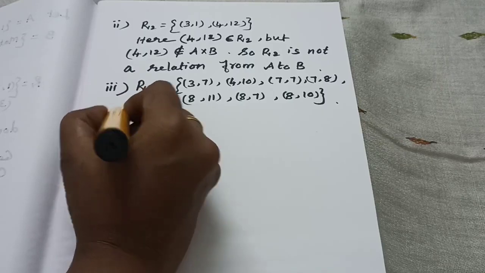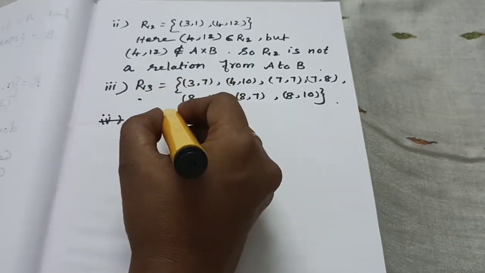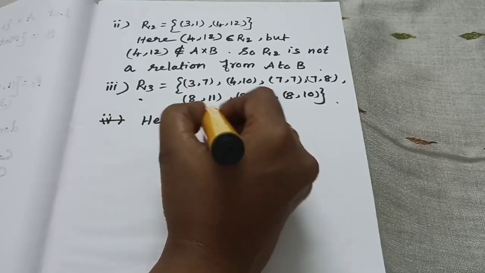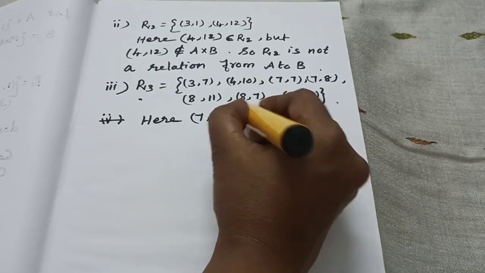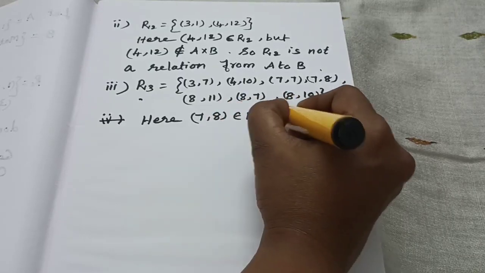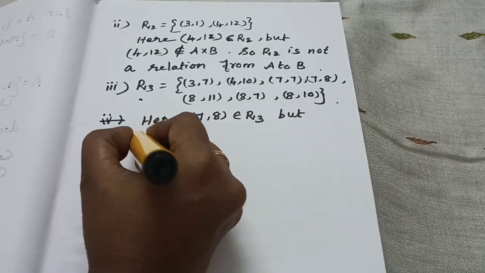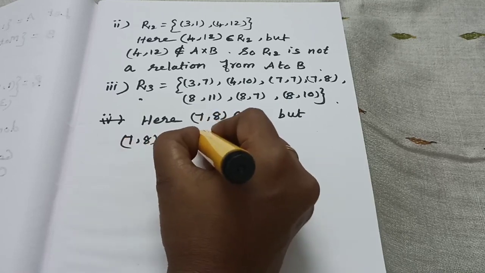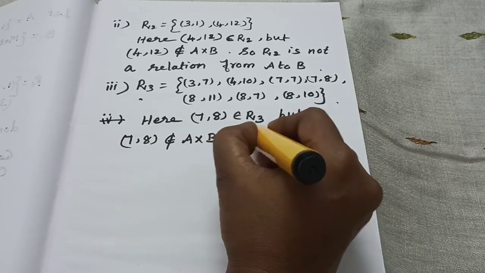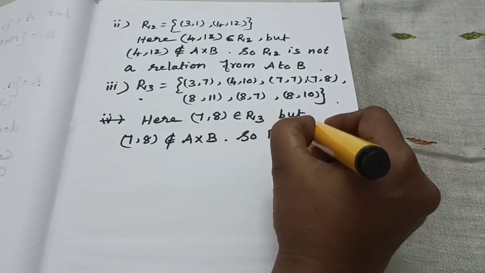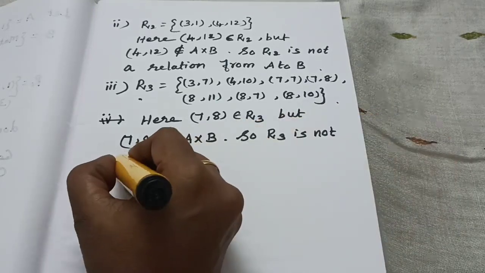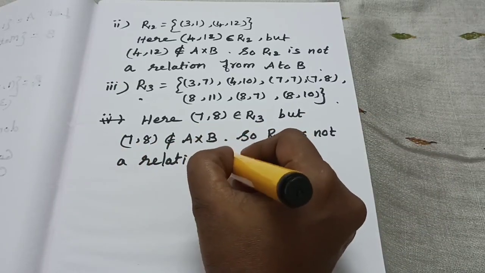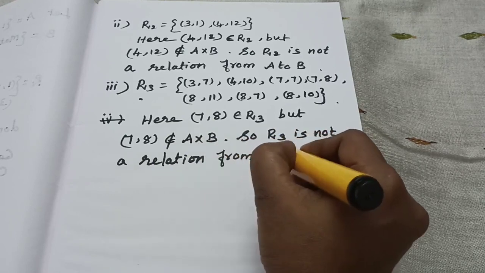Then the third one, R3: here (7, 8) belongs to R3, but (7, 8) does not belong to A cross B. So R3 is not a relation from A to B.